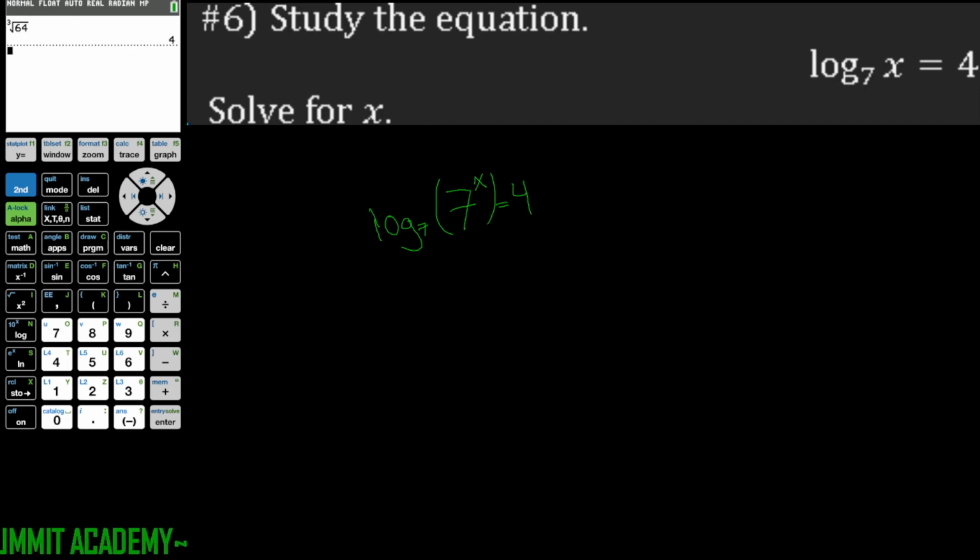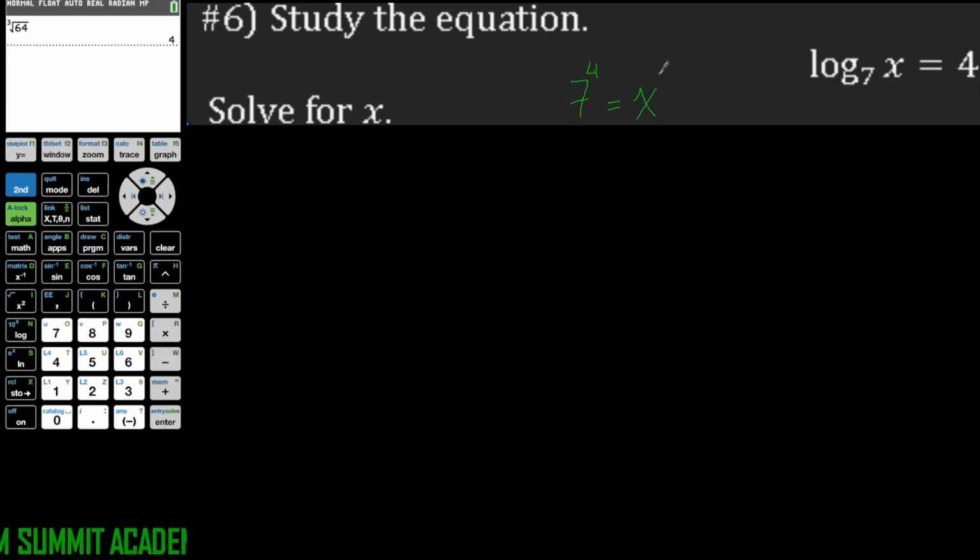So let me rewrite that. All right, exponential function 7 to the x equals 4. Nope, that's why I was messed up. 7 to the power of 4 equals x. This is easier to do.